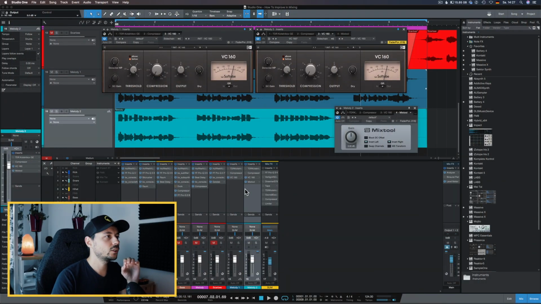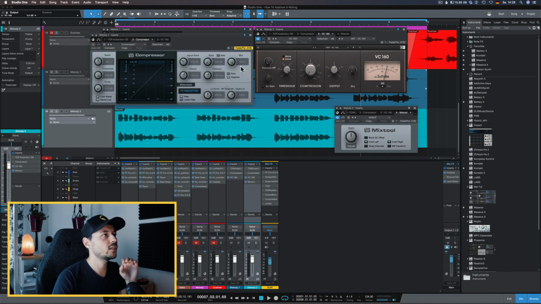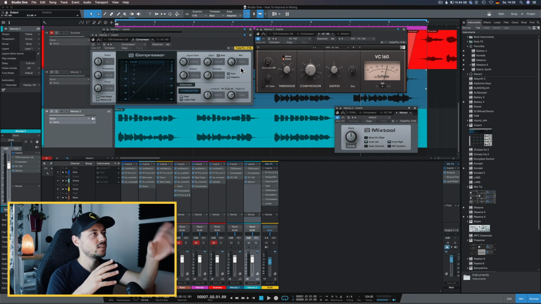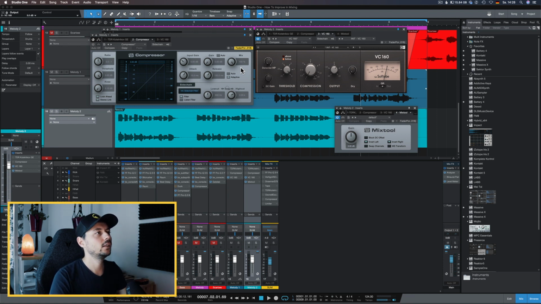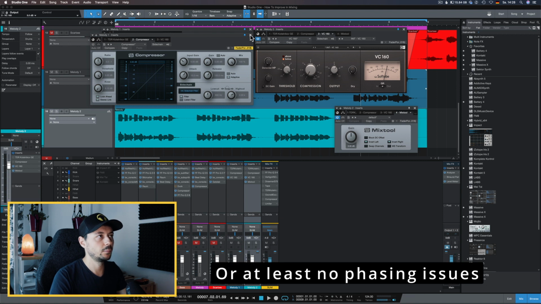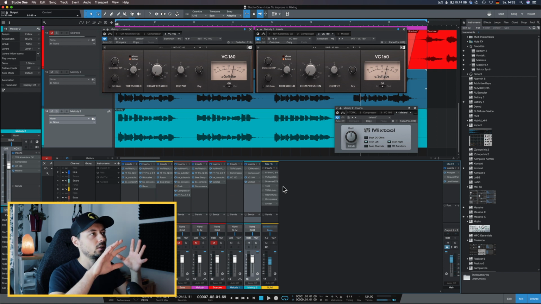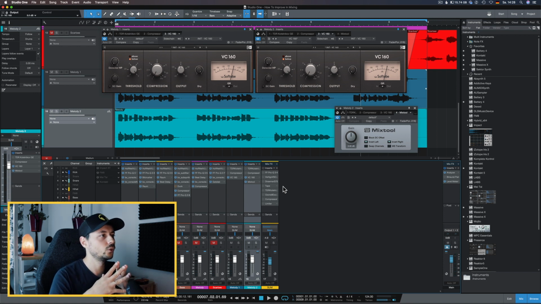However, on the original Studio One stock compressor, when you have this mix knob, it doesn't happen. I don't know what happens really inside, but this knob doesn't have any delay built in. So from the processing point of view you don't have any phase issues, and you will not color the sound.